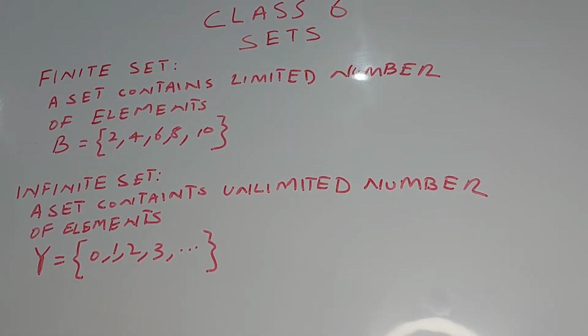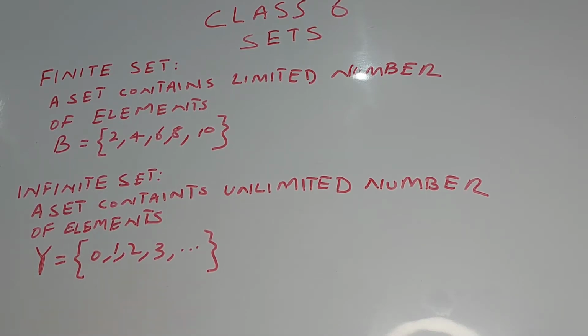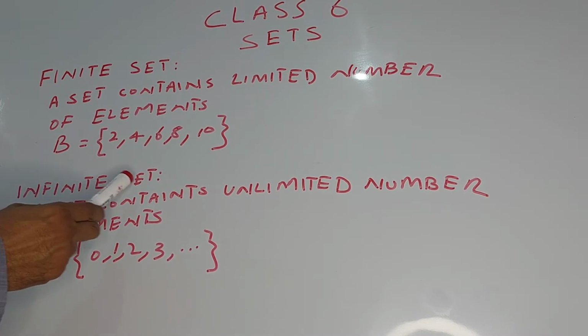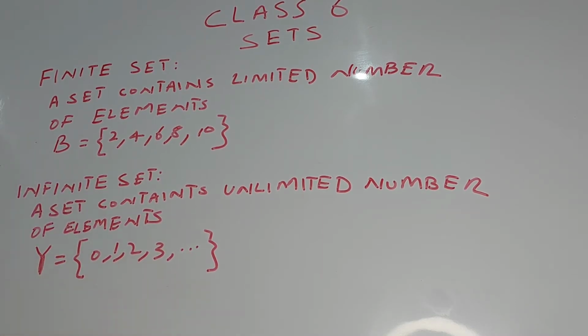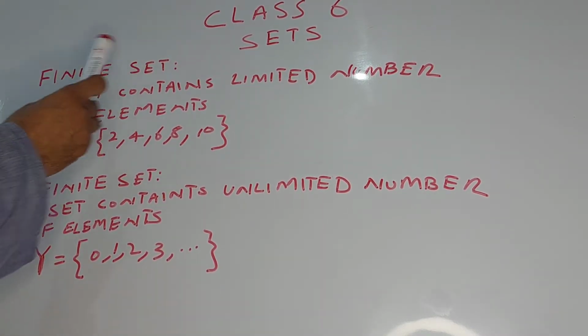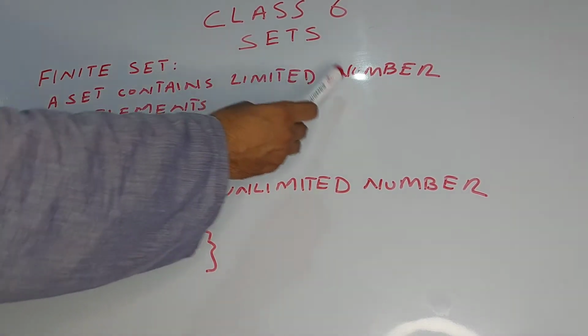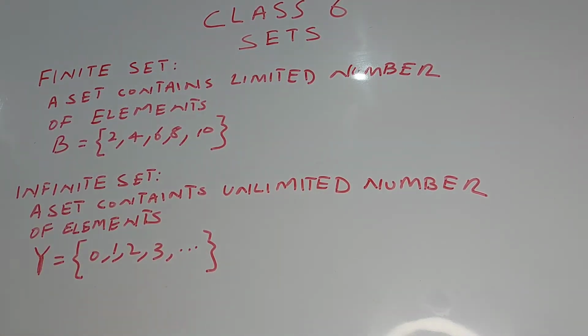Next topic is types of sets. There are two main types, finite sets and infinite sets. What is a finite set? A set contains limited numbers. ऐसा सेट जिसके अंदर जो उसके मेंबर्स हैं उनकी जो तादाद है वो लिमिटेड है. फॉर एग्जाम्पल, a set of first 5 prime numbers.